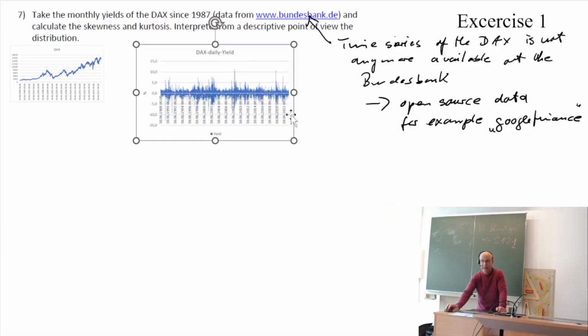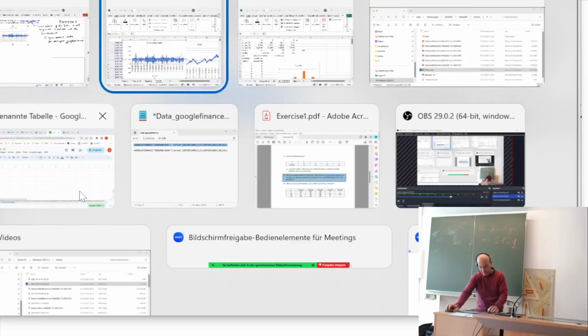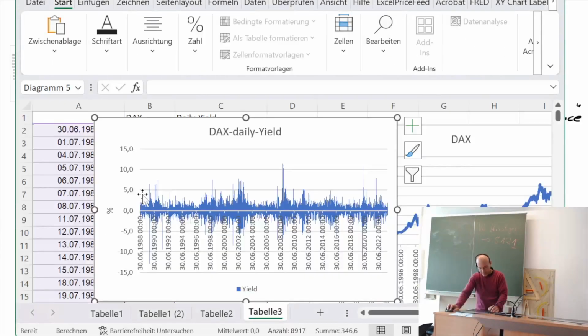So, well, and then I may be interested in the distribution of these yields. And for this, I created for you some histogram.